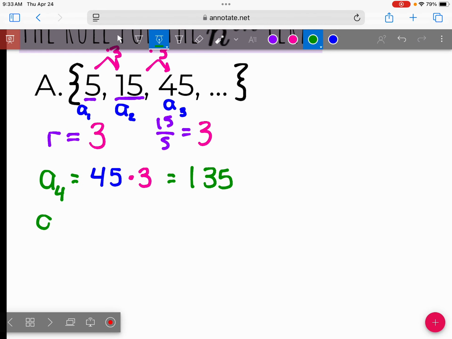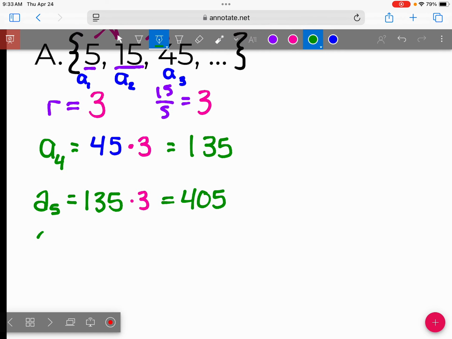What about a sub 5? 135 times 3 gives us 405.